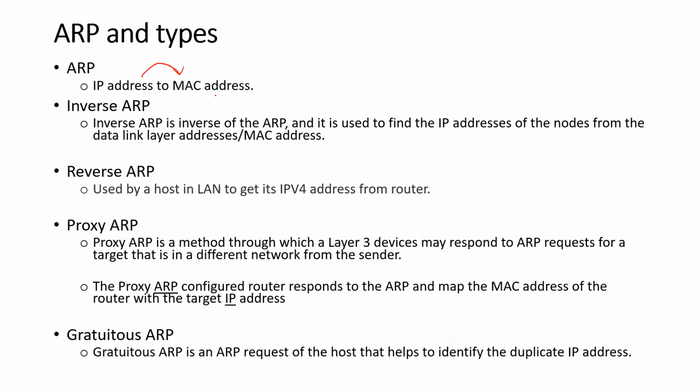Inverse ARP is the reverse of ARP. It is used to find the IP address by using the MAC address. It means MAC address to IP address is called inverse ARP. Is it clear?